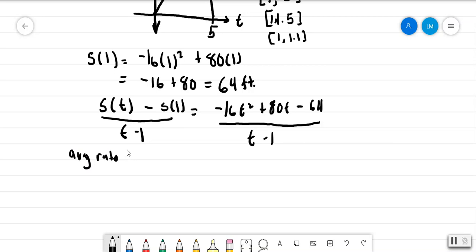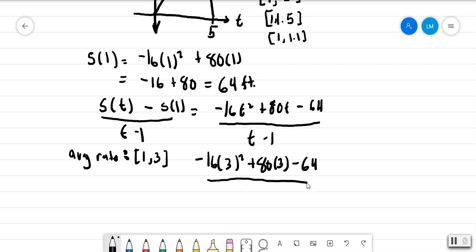And this is going to be from the interval from 1 to 3. So we have negative 16 times 3 squared plus 80 times 3 minus 64, all divided by 3 minus 1.